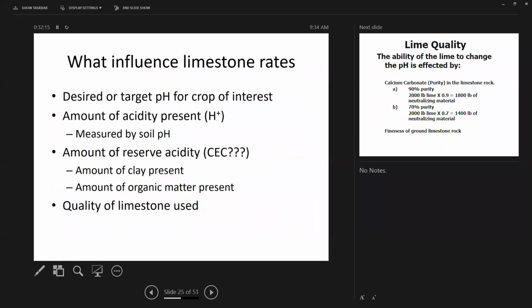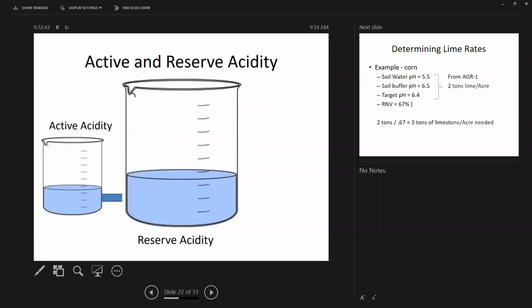So what influences the limestone rates? Again, our target pH, and that's dictated by the crop we're growing, the amount of active acidity, the amount of reserve acidity, and that's determined, or influenced, by clay and organic matter. Both of those influence CEC. Shouldn't I take CEC into account when determining my lime rate? No, because that measurement right here, the Sikora buffer, is actually accounting for CEC.